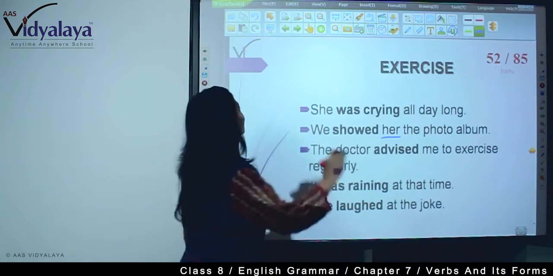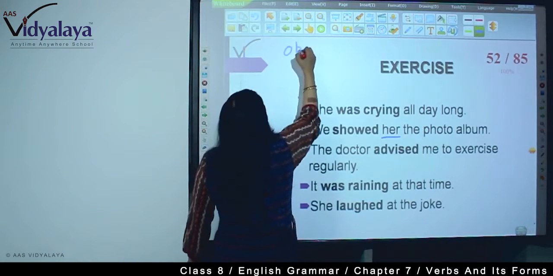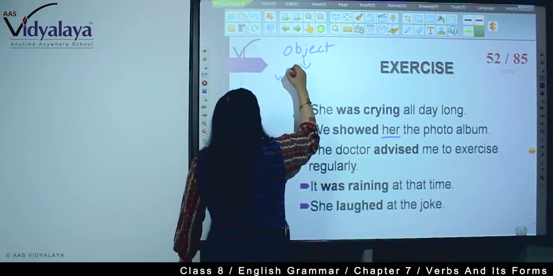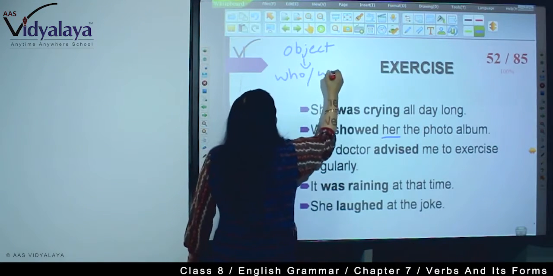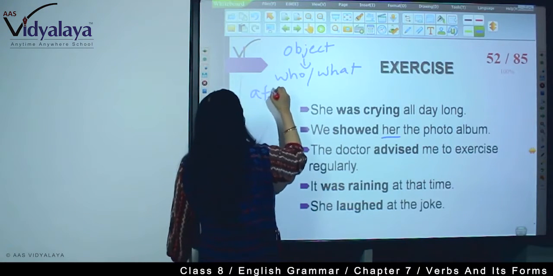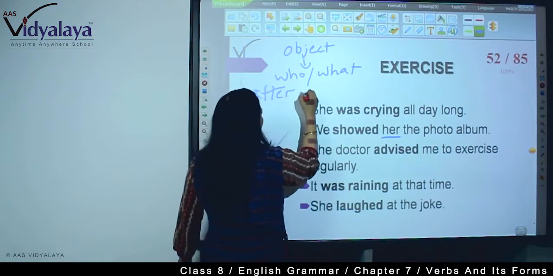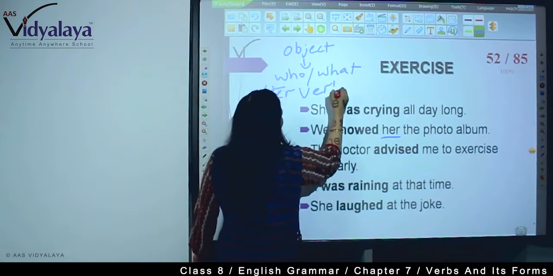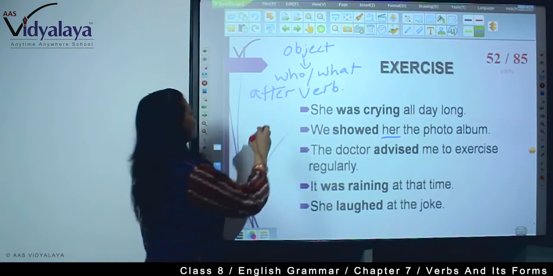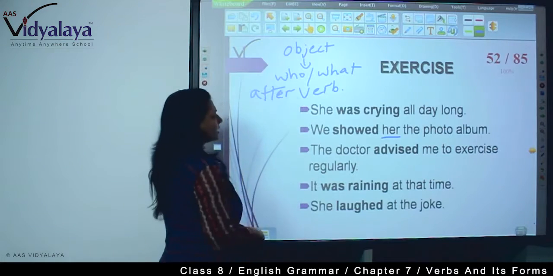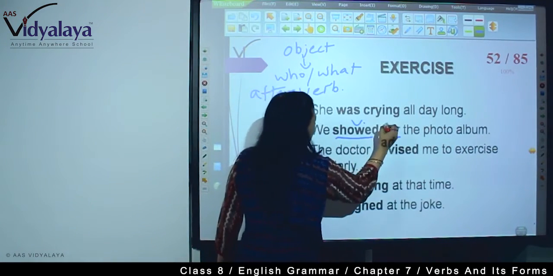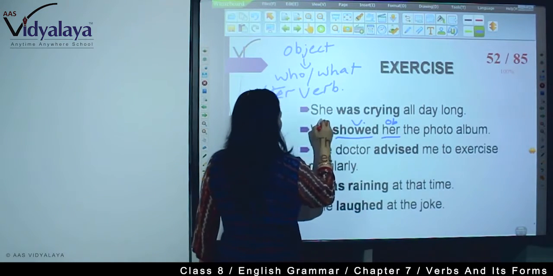So, object. To find the object, always ask who or what after the verb. Right? So, who, what, after the verb you will have to ask. Here, the verb is showed, and so this is the object and this is the subject.